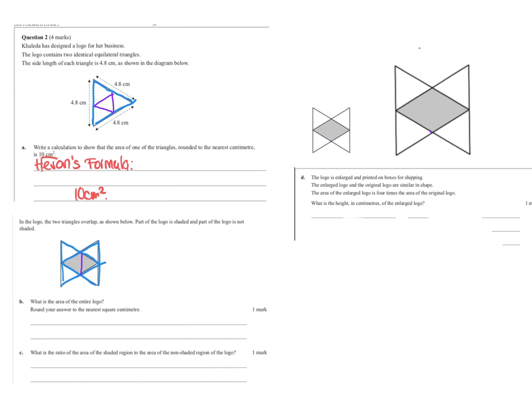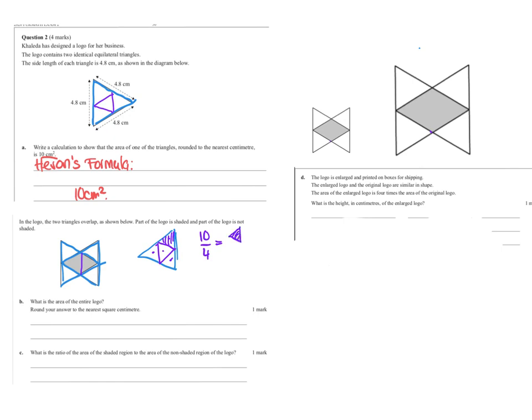Within one of those original triangles, we've got 1, 2, 3, 4 equilateral little mini triangles. So if I was finding the area of one of these, because there's 4 in the whole big blue one, I could say 10 divided by 4 will equal the area of one of those little ones.